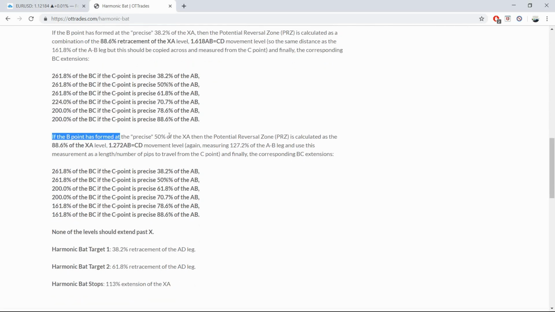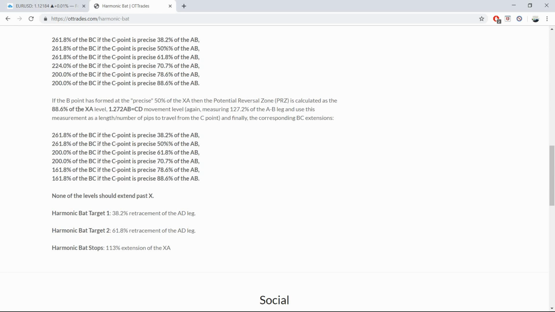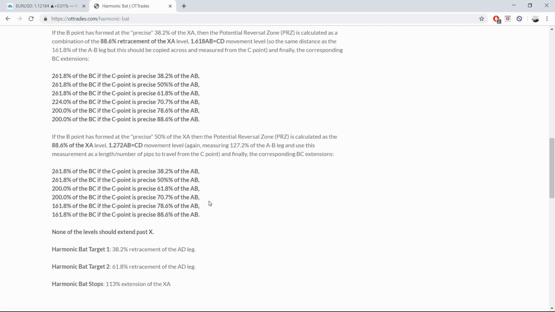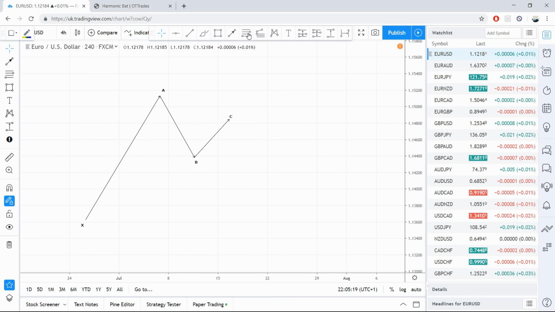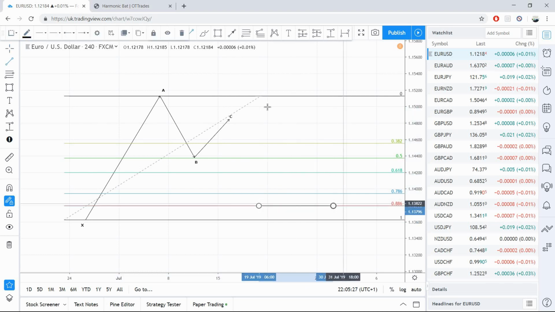Now we're going to go through the precise 50%, which is what we've got here. So again, same as the 38.2, an 88.6 retracement of XA. This one's slightly different. It's only a 1.272 of A to B move. So to start off with, we'll do that 88.6 retracement of X to A here.